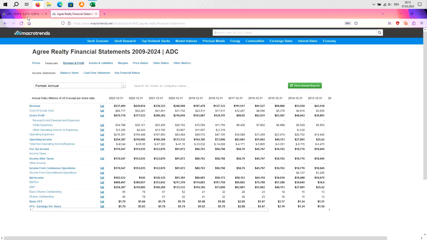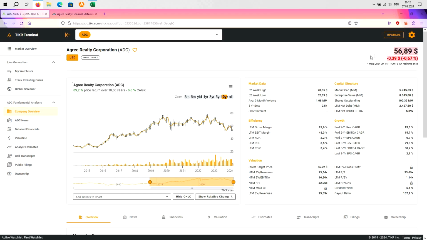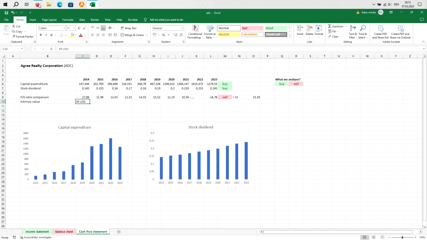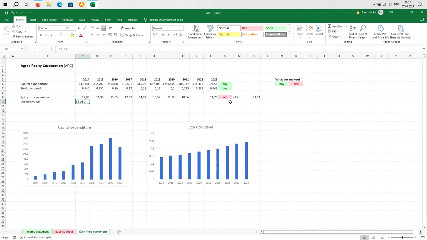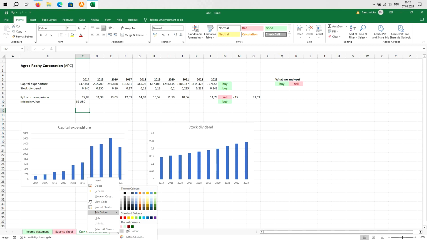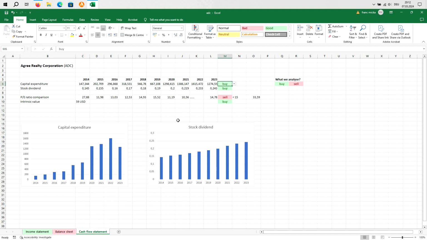And now when we go back to this ticker terminal, you can see that the company is currently trading at $56.89, which is below $59, almost below, yeah? So this is definitely a buy, okay? Okay, and now we marked cash flow statement as a buy as well, because we have 3 buys and 1 sell.